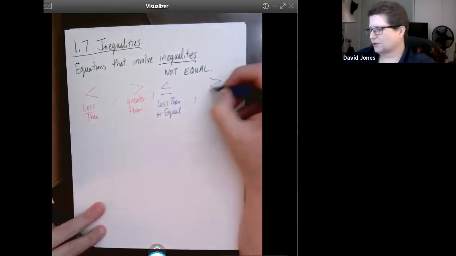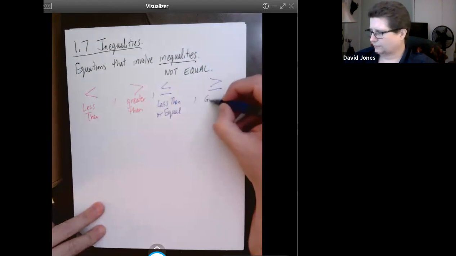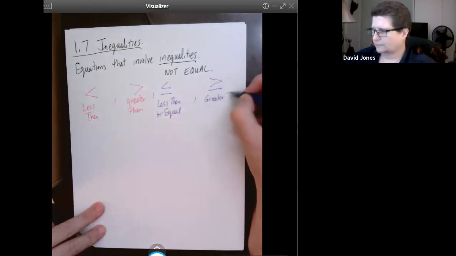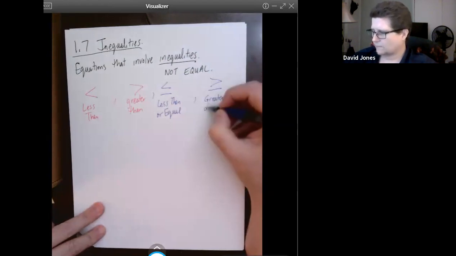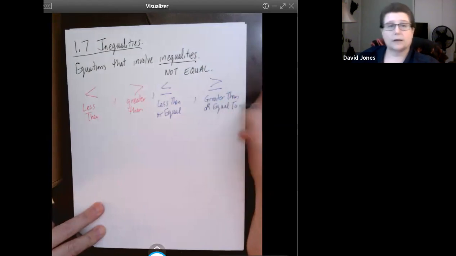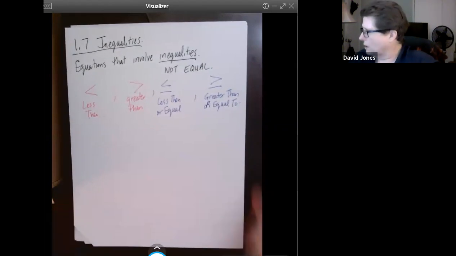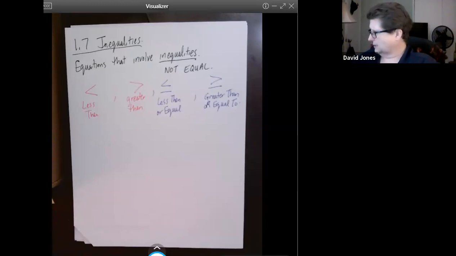And we also have the greater than or equal to. Okay. And so let's talk about some properties of inequalities.